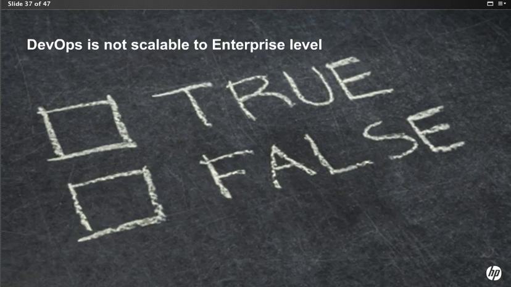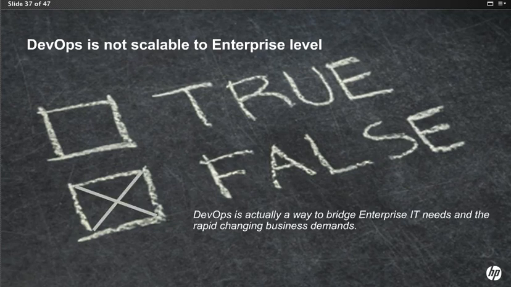And the scalability of DevOps. It's much easier when you adopt DevOps in a small team or small company, but there is no reason to stop you from implementing DevOps on enterprise level.